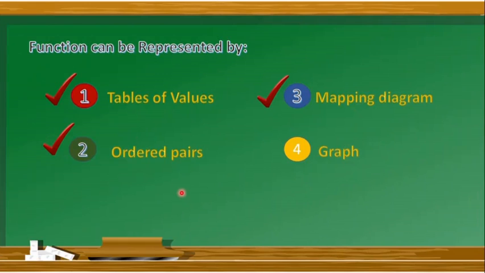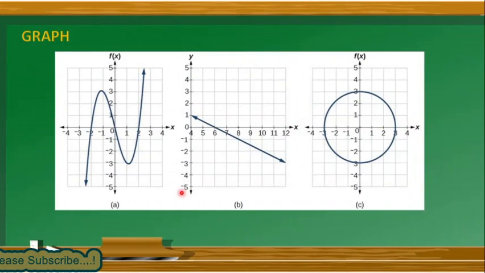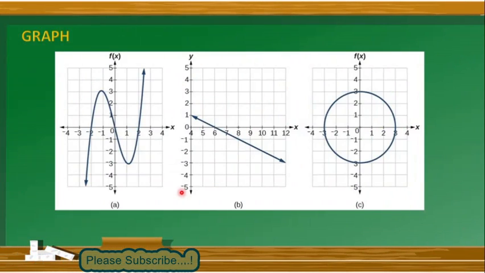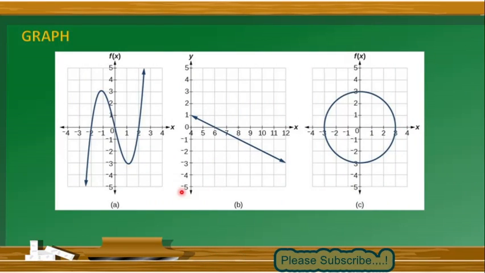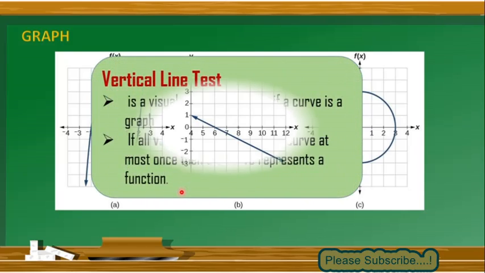Okay, the last representation of function is a graph. Here is a graph. How do we know whether this is a function or not? In determining whether a graph is a function or not, we need to use the vertical line test.